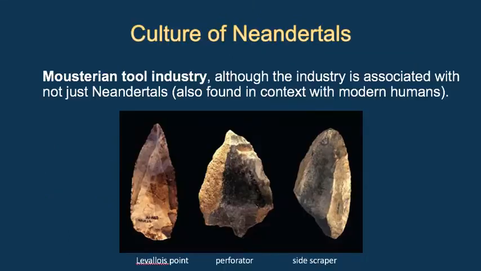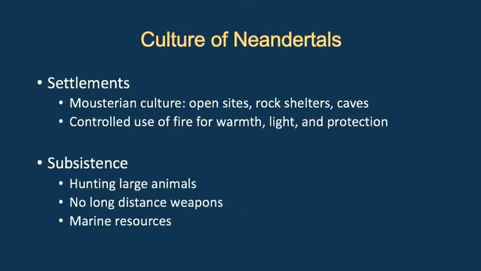As far as culture goes, the Mousterian tool industry is primarily what the Neanderthals used, so it's a little bit more advanced beyond the Acheulean. We won't go into any more details than that, other than to say that they had a set of different types of tools that were used for different things. So there's more complexity to the type of tools that Neanderthals are using.